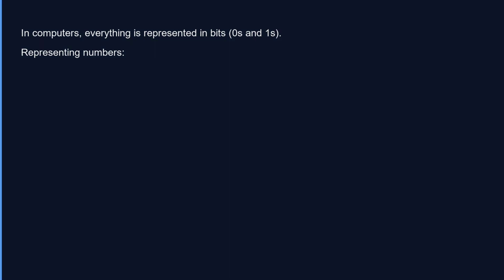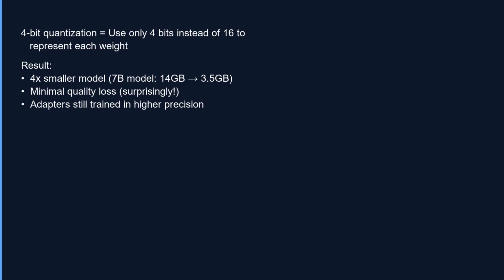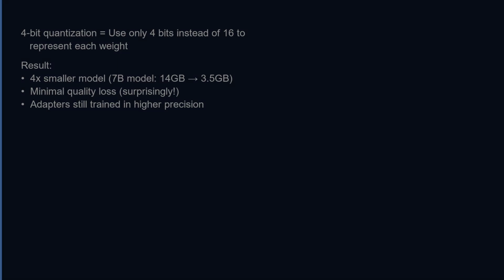With 4-bit quantization, we use only 4 bits instead of 16 to represent each weight. Result: a 4x smaller model. A 7B model goes from 14 GB to 3.5 GB with minimal quality loss, surprisingly. Adapters are still trained in higher precision.